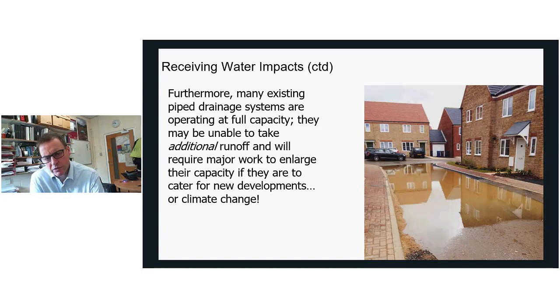Now the other issue is that even when we design a drainage system, if we don't allow for climate change or increased impermeability in a catchment because people are extending their property or paving over their front garden so they can park their car, that can place extra demands on the system. You see this development: it looks like it's new and it's already allowing people to park their car right where their front garden should be.